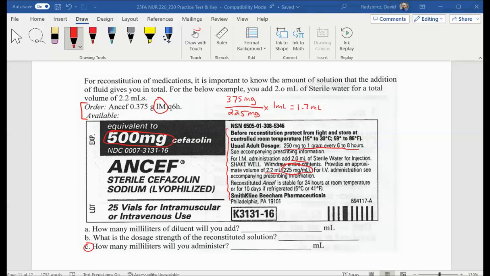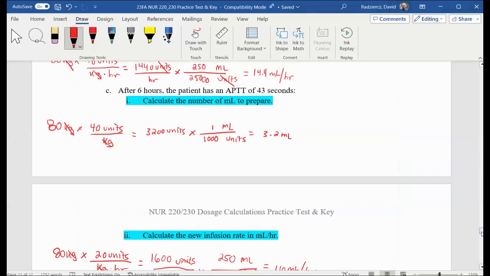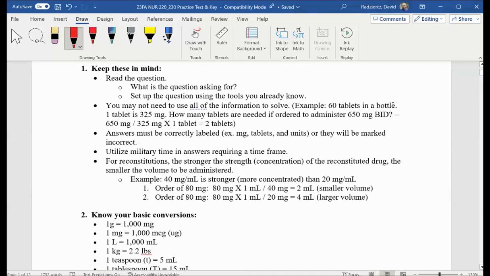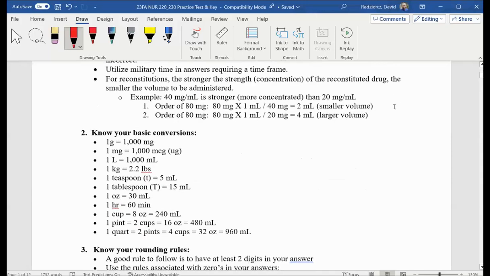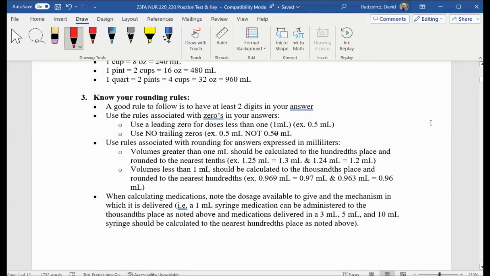I'm looking at the instructions, a 2-page handout that we had, and it says that volumes less than 1 milliliter should be calculated to the thousandths place and rounded to the nearest 100th. Yeah, that's correct. But when we convert milligrams to grams, we wouldn't round in this case, right?